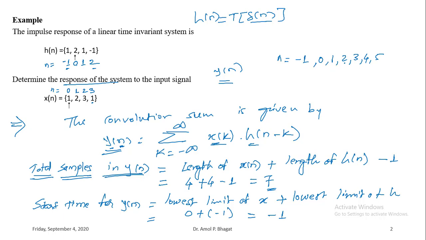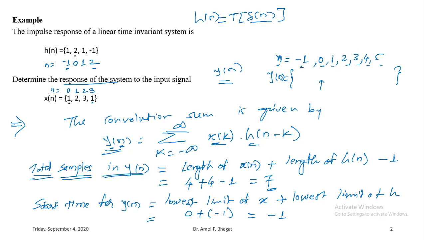So there will be a total of 7 samples present at n equals minus 1, 0, 1, 2, 3, 4, 5. These are the values for time, small n, right? And there will be sample values of y of n present at these different time instants. At the origin there will be some value, but this sequence runs from minus 1 to 5, so a total of 7 samples.